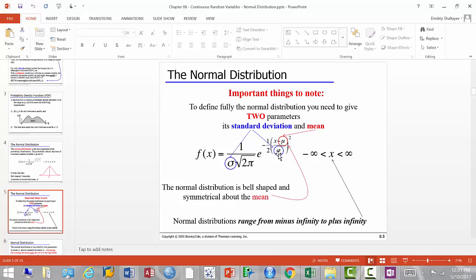Okay? So, coming back to the prehistoric times when we didn't have computers, right? If there are infinitely many choices of the mean, and essentially infinitely many choices of sigma, how can we tabulate every single choice of sigma and every single choice of the mean?